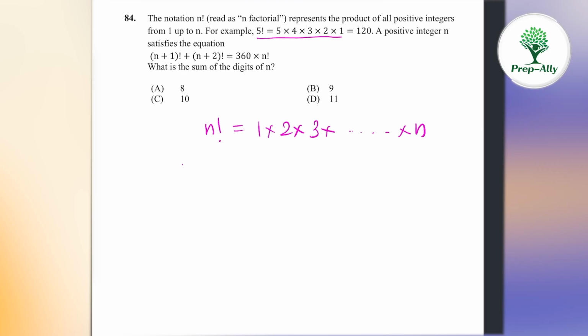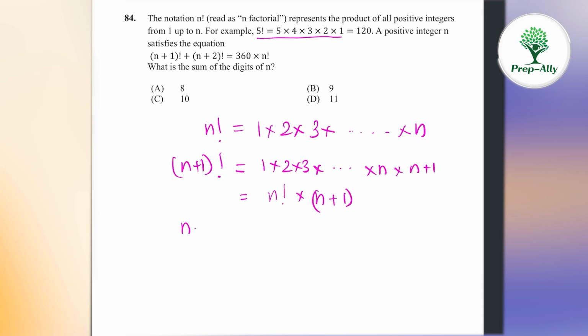So from this we can see that n plus 1 factorial is just 1 times 2 times 3 times up to n times n plus 1, which is just n factorial times n plus 1, and n plus 2 factorial is just n factorial times n plus 1 times n plus 2, right?